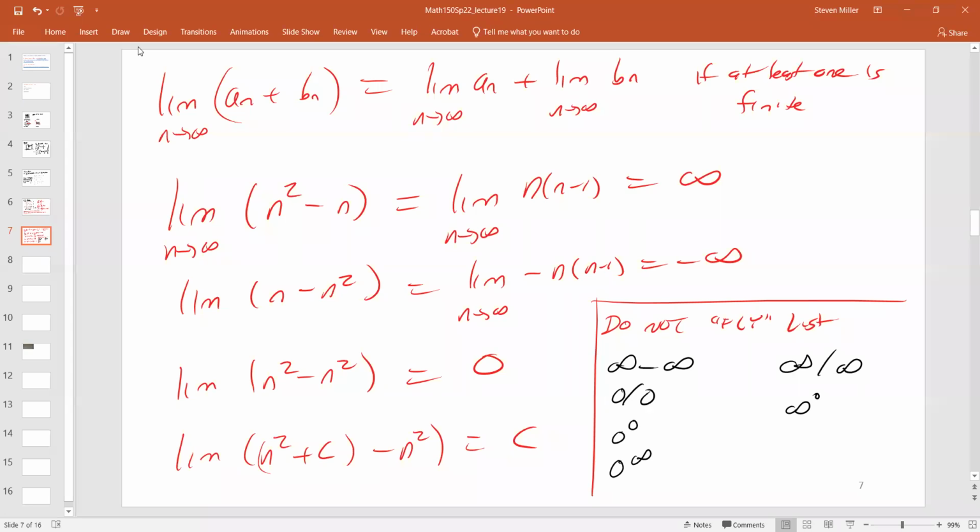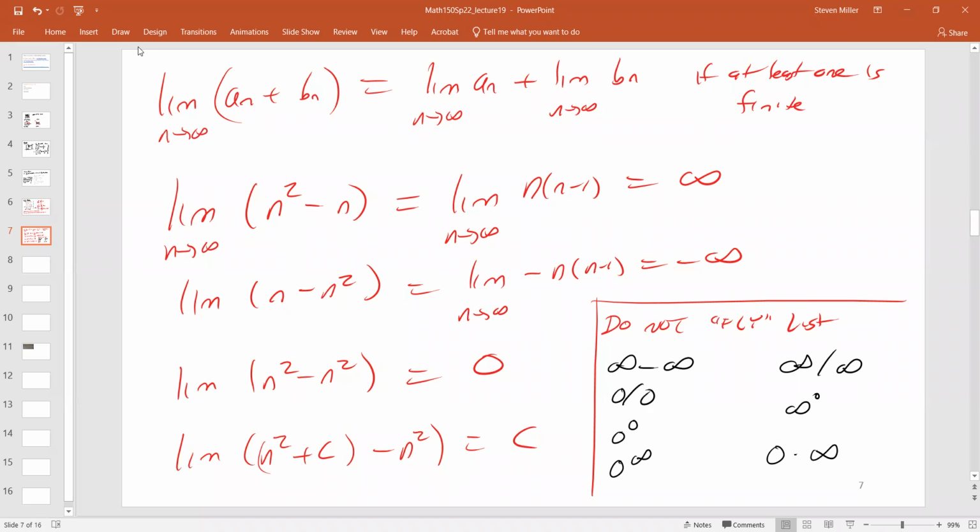Infinity times 0. So yeah, we have to be careful whenever we see anything like this. And when you did algebra 2, you should have had fears every time you have a denominator. Is the denominator 0? If the denominator is 0, I've got to be careful and worry about doing this.